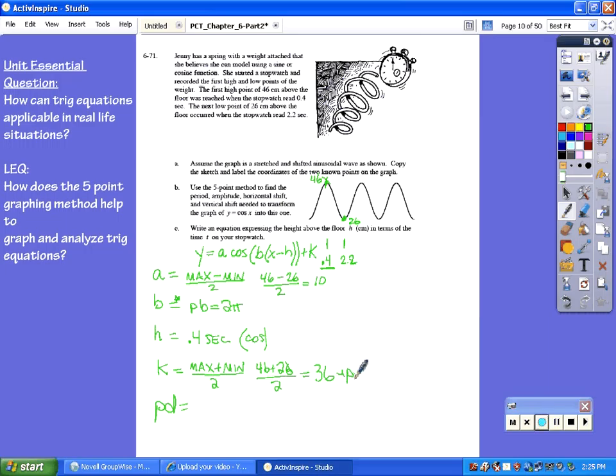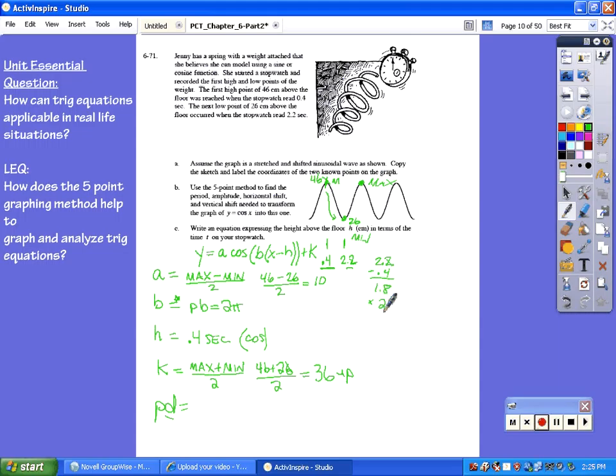Last is period. Well, if we went from a max to a min, to get a full period, we've got to go back to a max. Well, how long did this stretch here take us? It took us from 0.4 to 2.2 seconds. So if you subtract those, 2.2 minus 0.4, you're going to get 1.8.